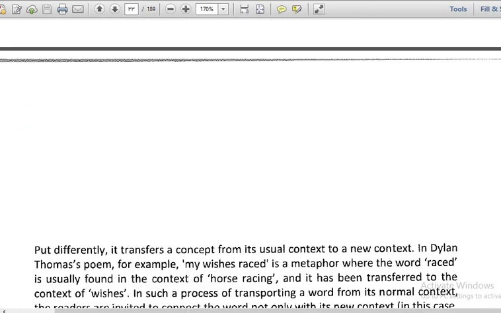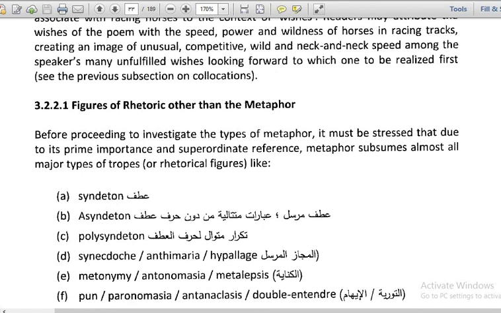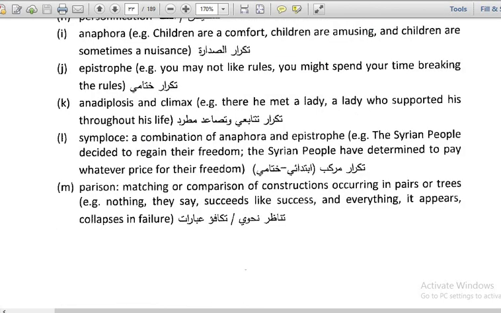Okay? So, on page 33, we have other figures of speech that can help with metaphors in clearing the meaning. We have pun, personification, similes.